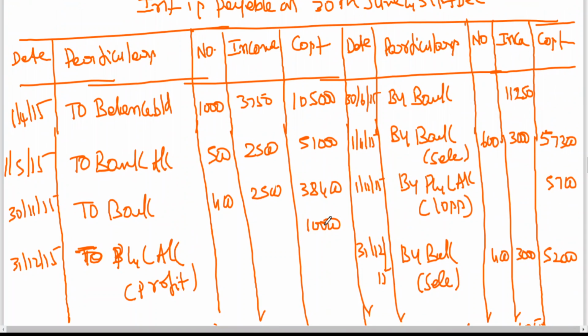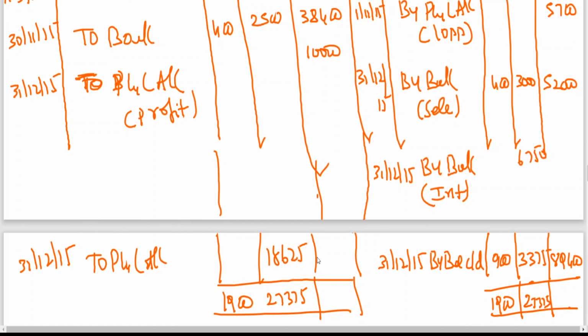Debit side total 1,05,000 plus 51,000, 38,400 is coming to 2,04,400.